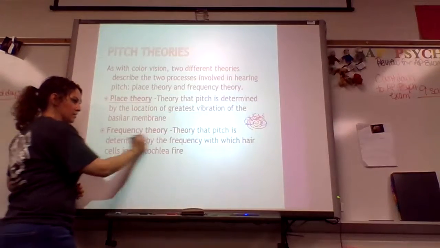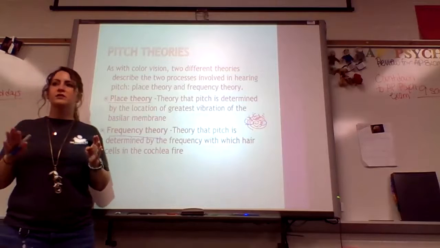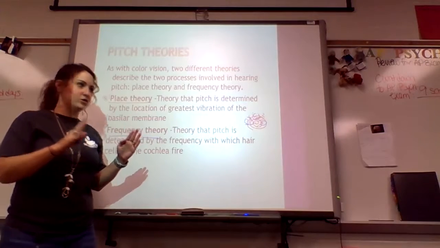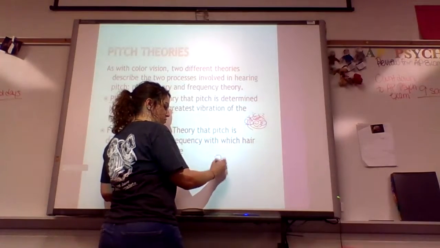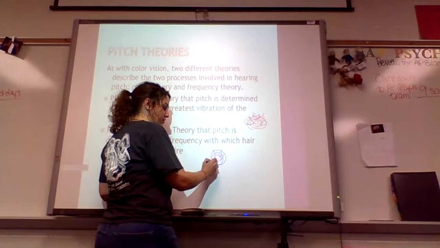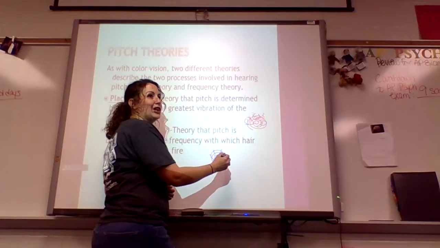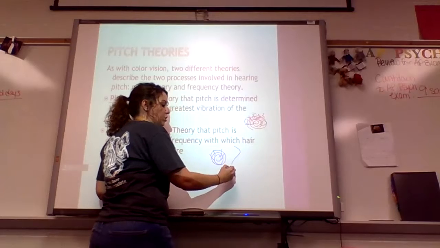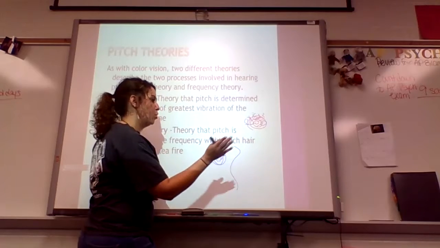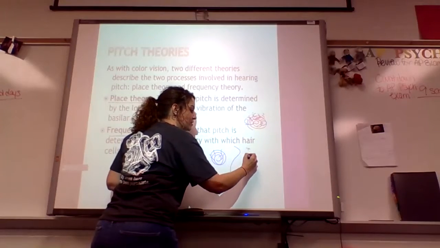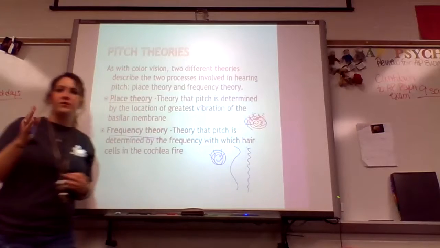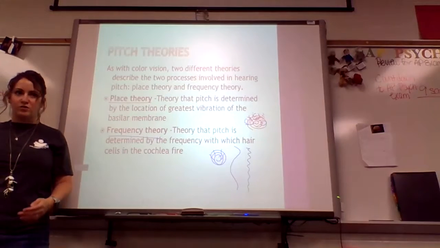While frequency says, no, it's not about where it is. It's about the frequency of the hair vibrations. So we have the cochlea again, and little hairs on it. If it's a really low sound, it's going to slowly vibrate back and forth. Versus if it's something high pitched, the little hairs will vibrate faster.